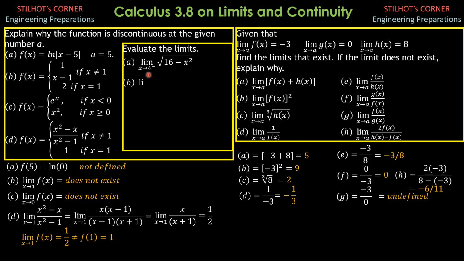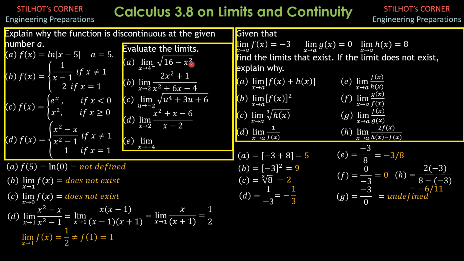Evaluate the limits. Limit as x approaches 4 from the left. So it is defined because 4 from the left means 3.99999, and that squared is less than 16. It is almost 16, but square root of 16 minus 16 is 0.